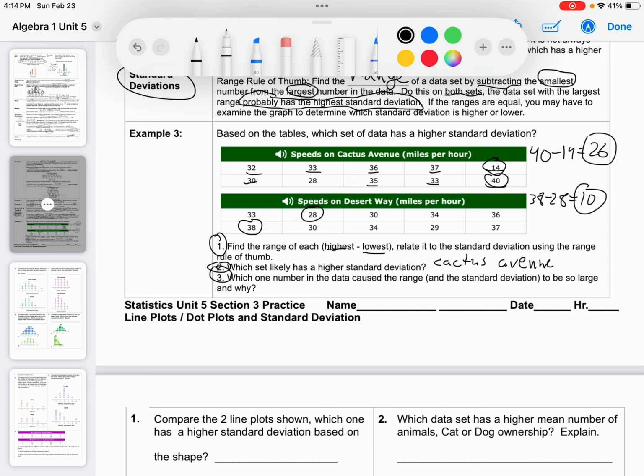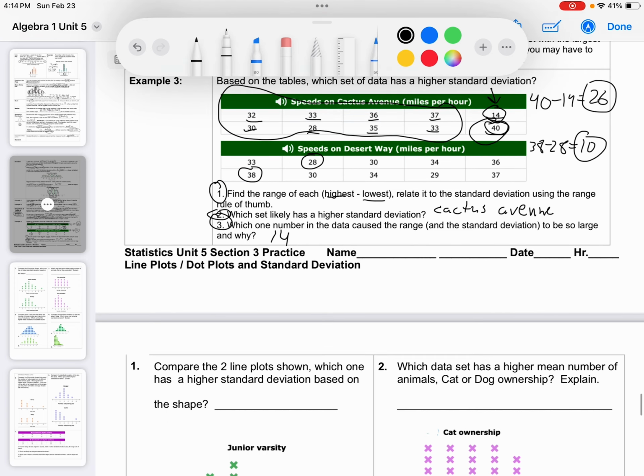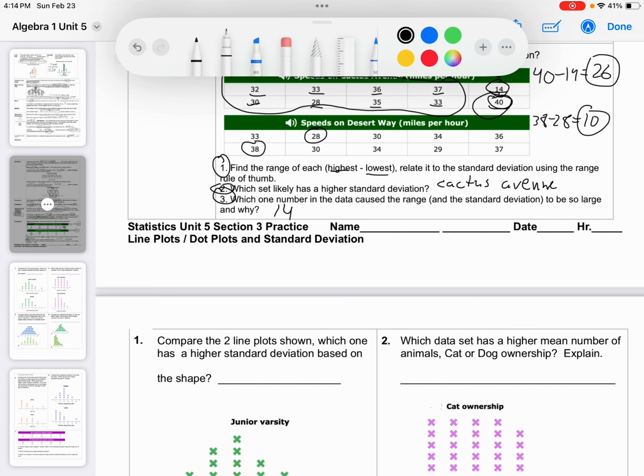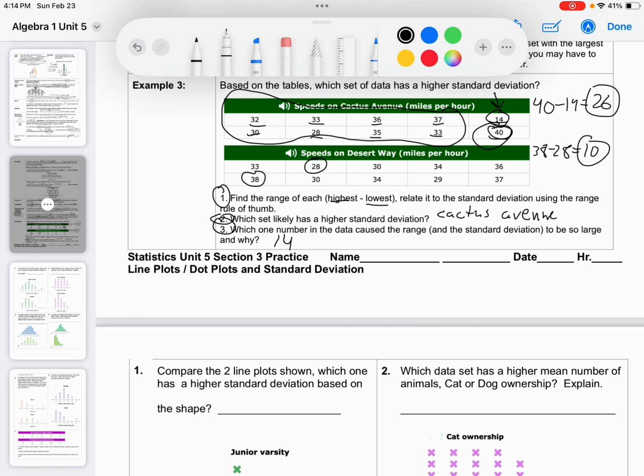Most of these numbers are pretty close to each other. 40 is kind of close, but 14 is way smaller than all the other numbers. So 14 is the number that causes the standard deviation to be bigger because it's so different from all the other numbers. We're looking for a number that's very different from the others, which gives you a reason for the standard deviation to be different.